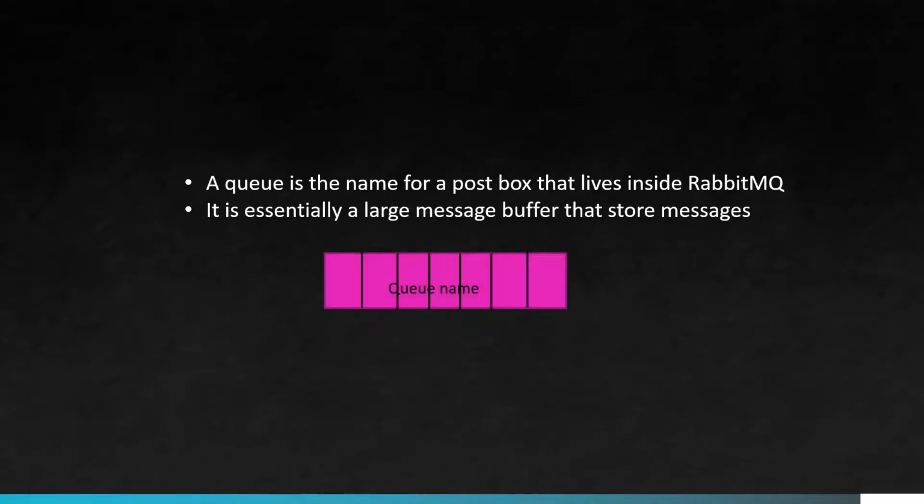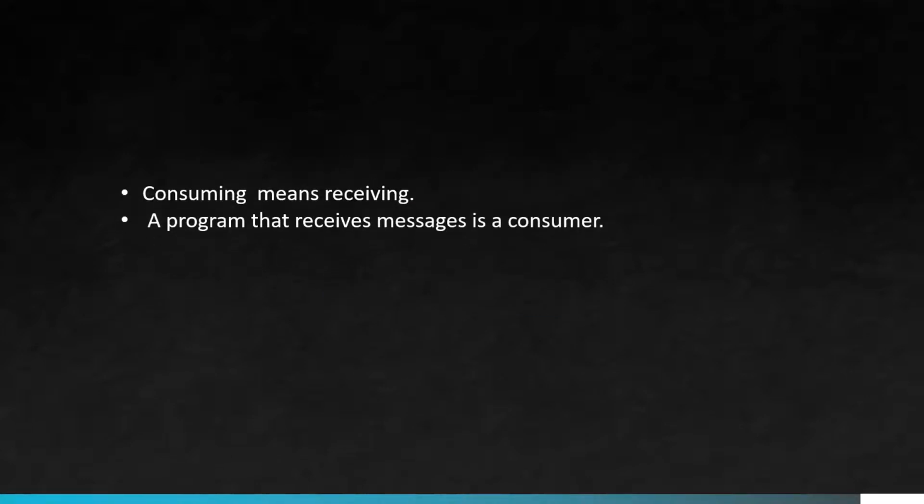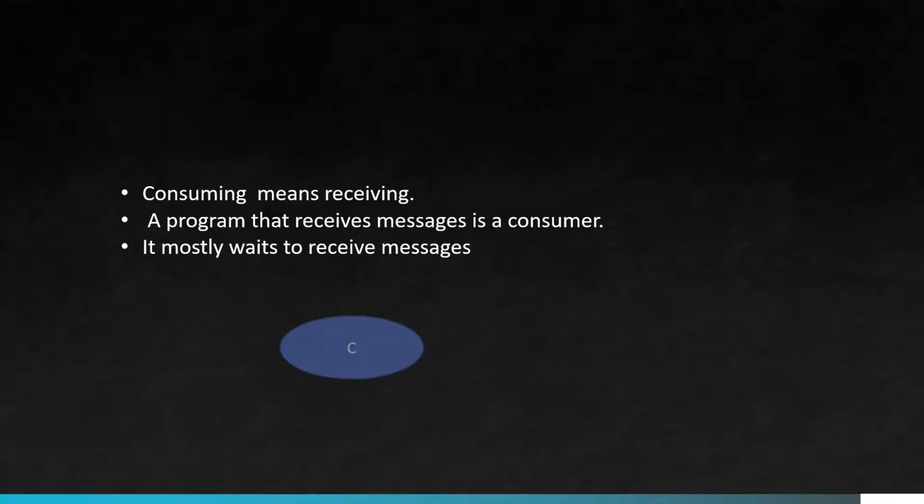You can say this is a compartment, a chamber. There are lots of messages within a queue, and this is the queue name, whatever queue name you choose. And finally, consuming means receiving, and a receiver is also a consumer, which is nothing but a program that receives messages. It mostly waits to receive messages, and it can be denoted by a C within any shape.